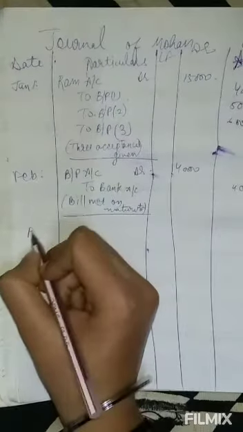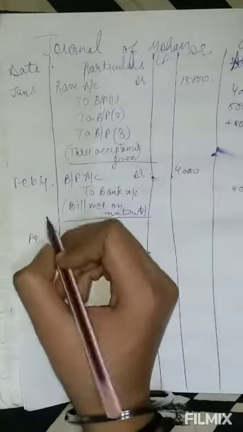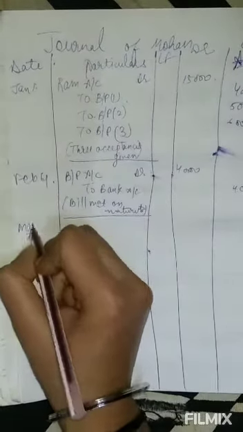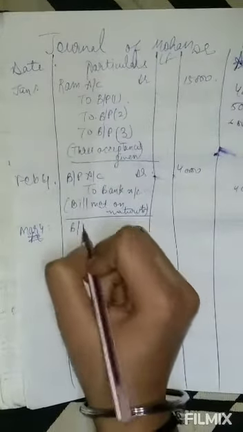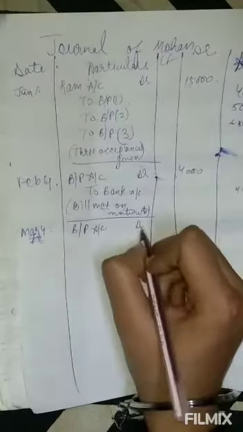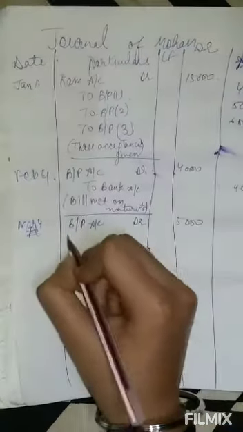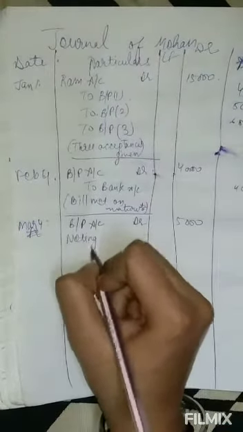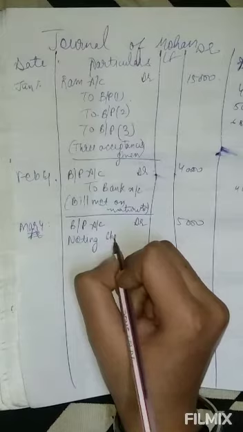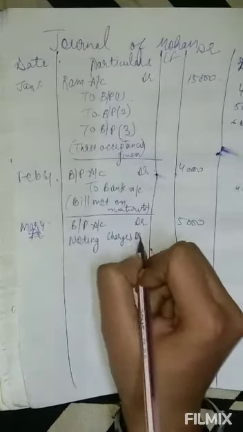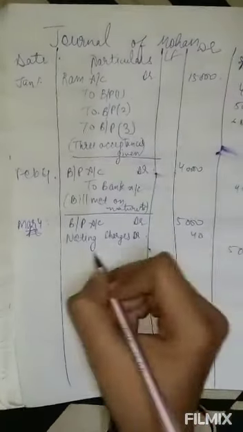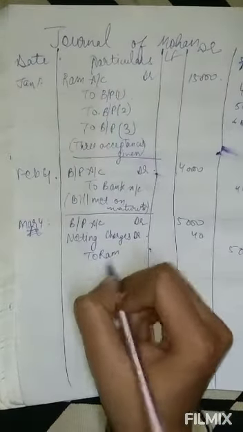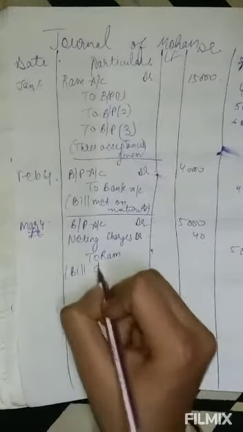Then on March 4, the bill was dishonored. So we'll write BP account debit 5,000. Noting charges is an expense, so that also will be debited. Noting charges account debit 40 rupees and 5,040 has to be paid to Ram. Here you will write bill dishonored.